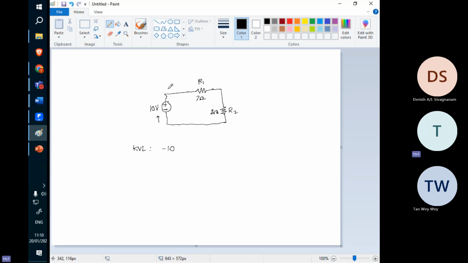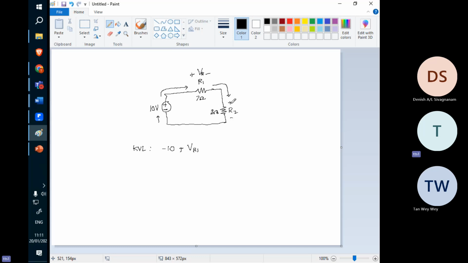Okay. And then when we go past this one, when we come to this junction, we need to give some value here. Okay, let's put the positive here and negative here. So this one is not called the resistance, it's called the voltage. Voltage R1. Okay. So the first thing you see here is a positive. So plus VR1. Then you come around, when you see this R2, you also see the positive first.